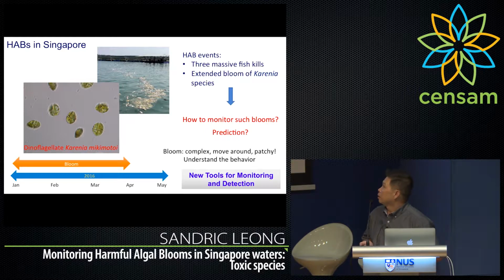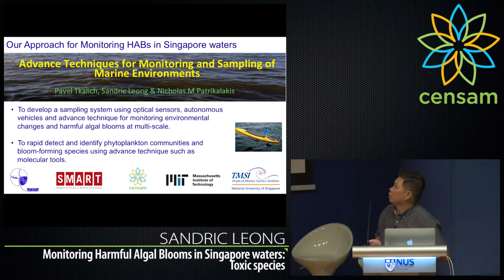To understand this, we need to understand the dynamics of bloom formation and their behavior. Thinking along this line, we aim at using new, advanced technologies for monitoring and detection of such blooms. The project started with getting the kayak to work in the field and optimizing it for measurements of various environmental parameters, including biological biomass.